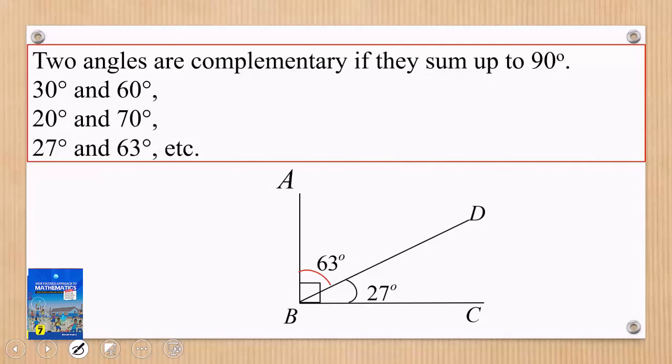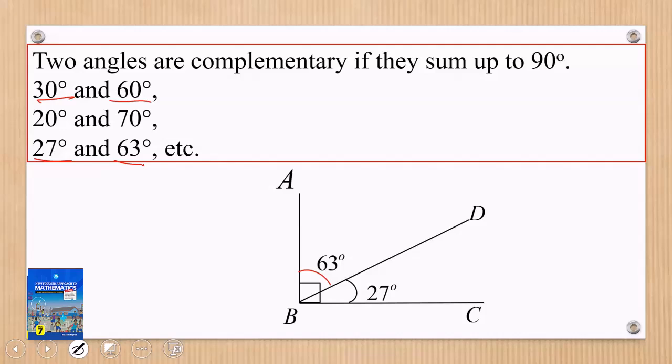For example, 30 degrees, 60 degrees are complementary. 20 degrees, 70 degrees are complementary because 20 plus 70 is 90. 30 plus 60 is 90. 27 and 63 are complementary, and so they add up to 90.